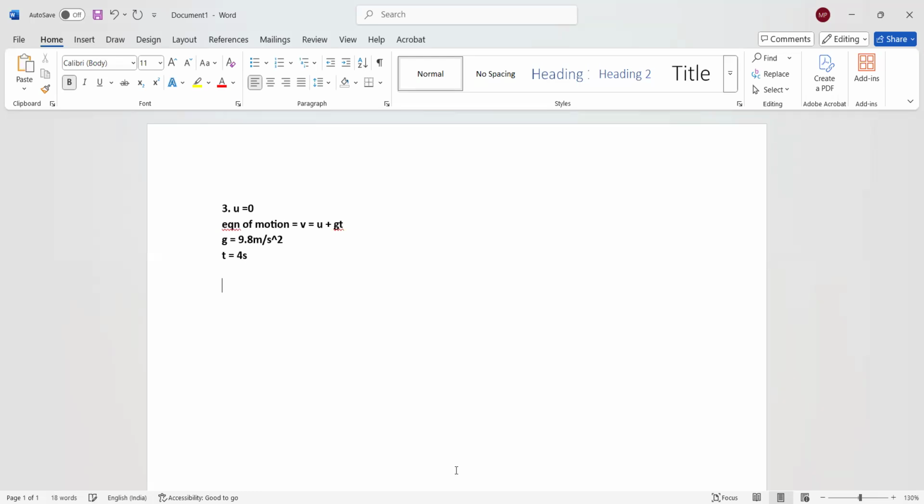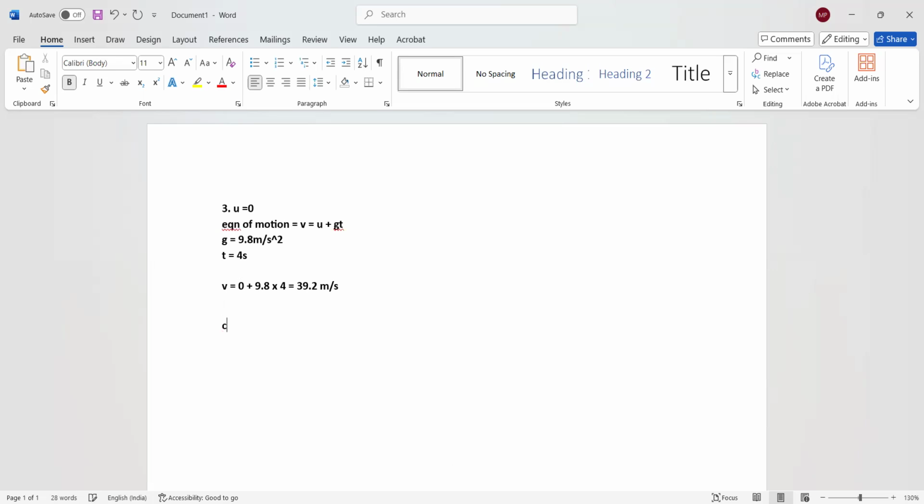Now substituting the values into the equation, V is equal to 0 plus 9.8 into 4. When you solve this, you will get a value of 39.2 meter per second. Now we need to find the change in momentum.